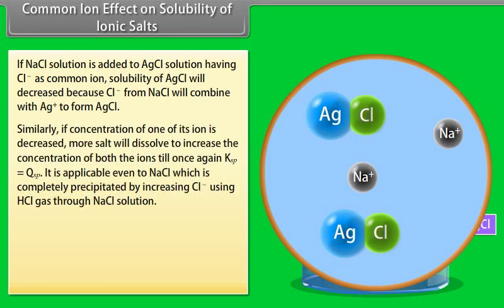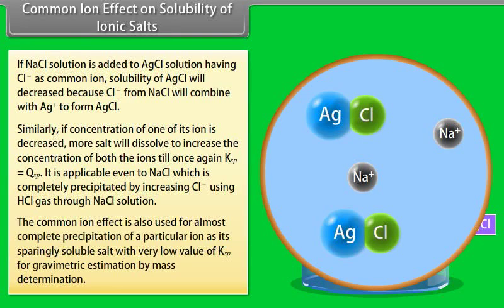Similarly, if the concentration of one of its ions is decreased, more salt will dissolve to increase the concentration of both the ions till once again Ksp = Qsp. It is applicable even to NaCl, which is completely precipitated by increasing Cl- using HCl gas through NaCl solution.